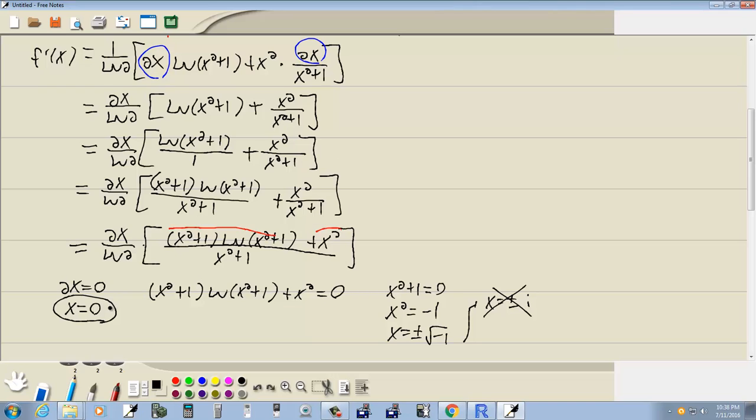Now our only value here is x equals 0, but right up here, when you start dealing with this right here, this x squared is always positive. Positive plus 1 is positive. X squared here is positive. X squared is positive plus 1.